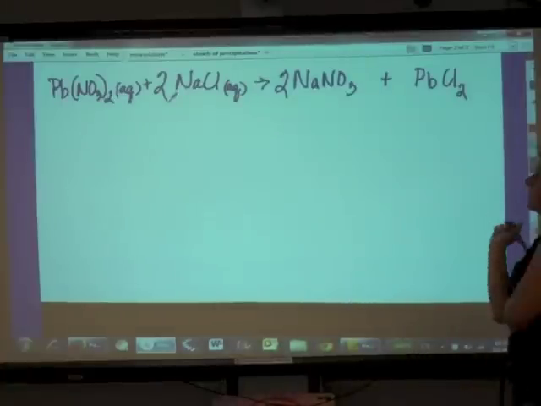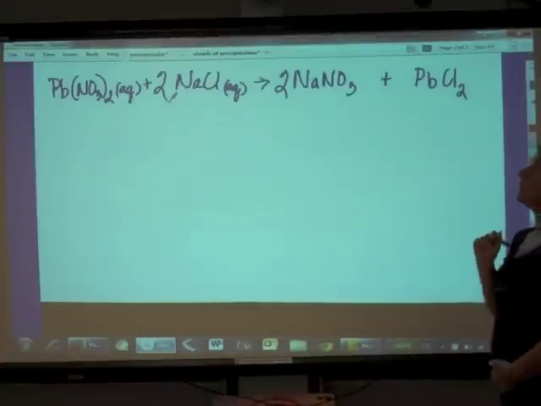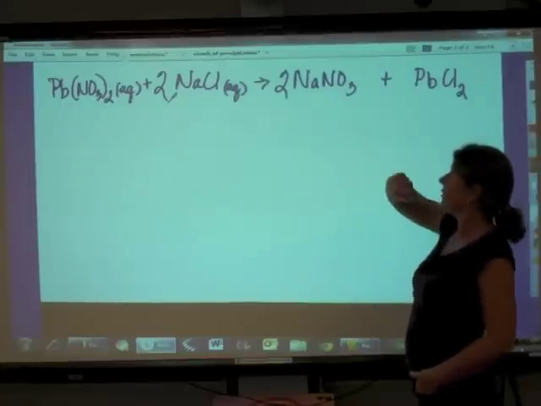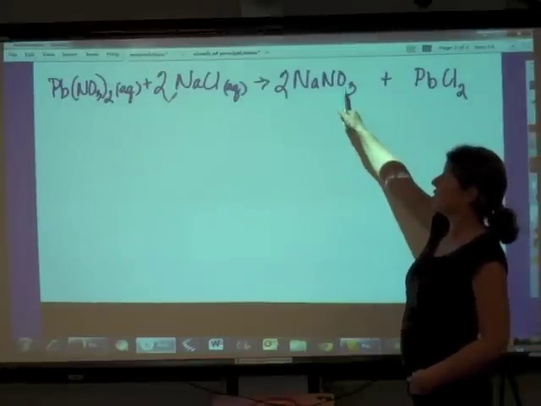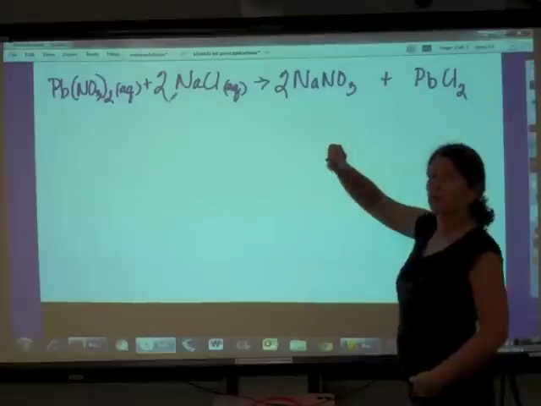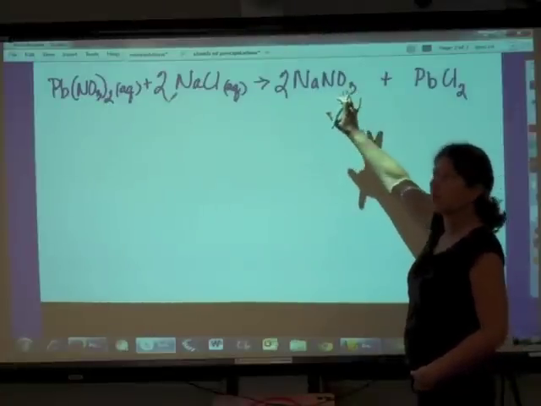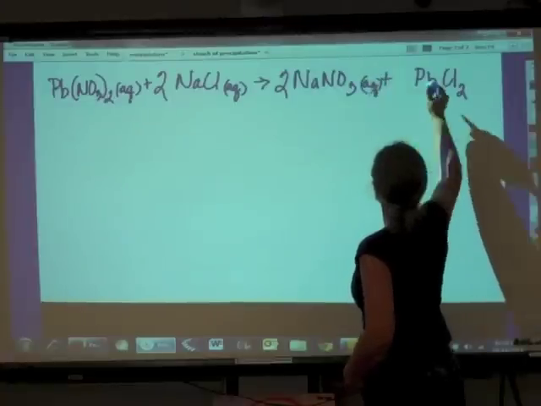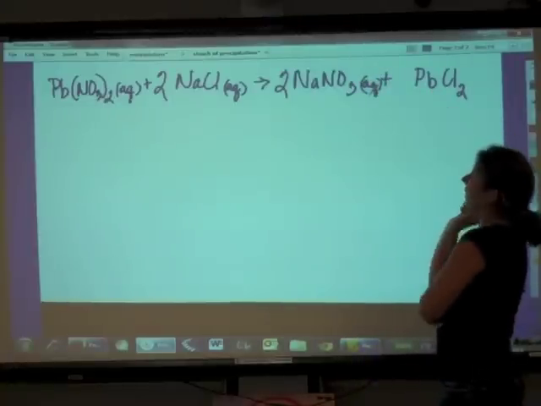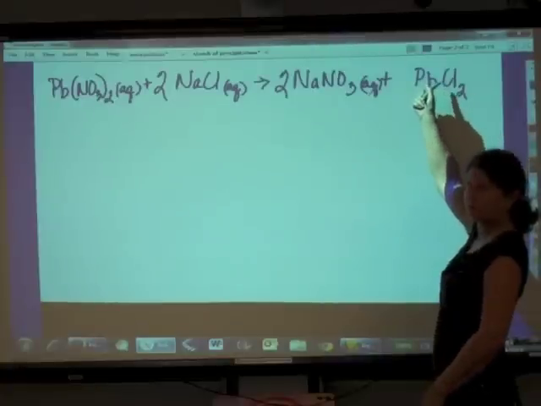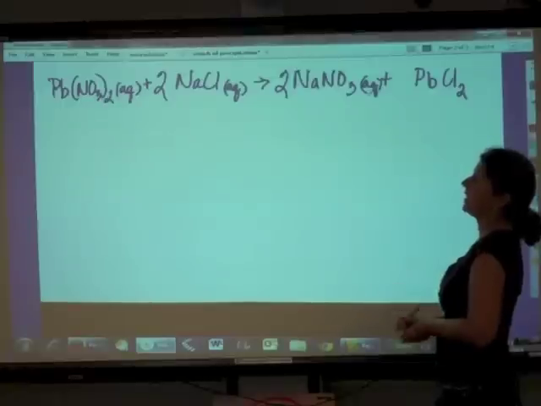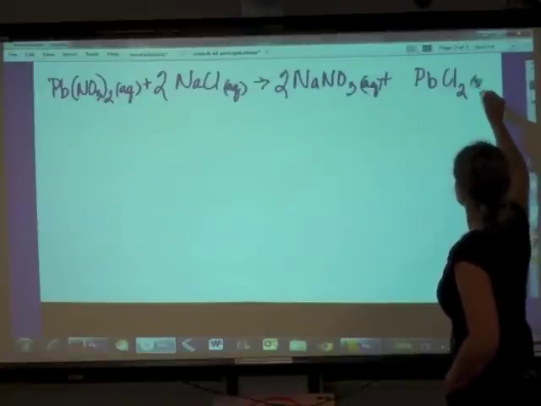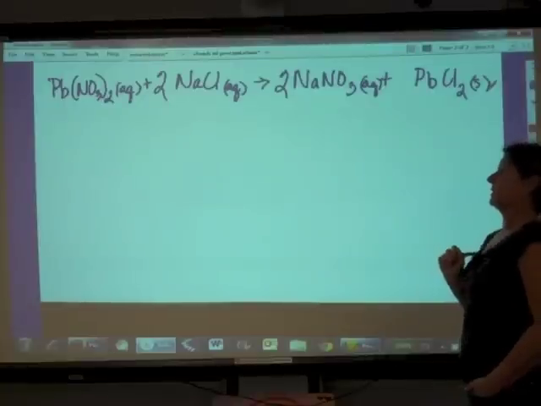Now, based on solubility rules, we know that this is going to be aqueous. Not only do we have a nitrate here, but we also have a group 1 metal. They are always soluble. So this is going to be aq, and actually it tells us in the problem that this is going to be our precipitate, that we're trying to precipitate out the lead ion, and we're going to get this product. So this is our solvent. All right, so great. There we go.